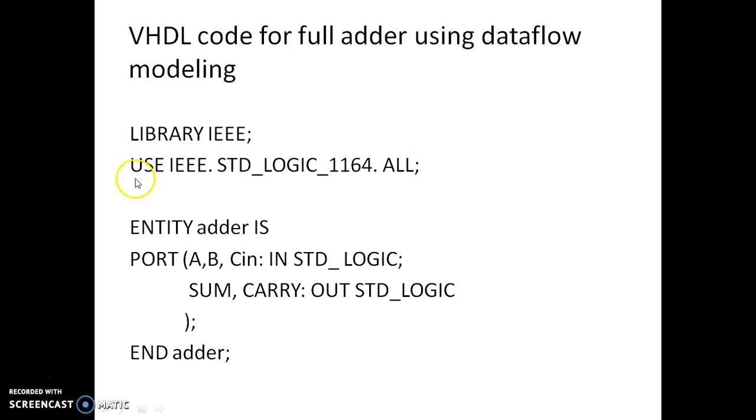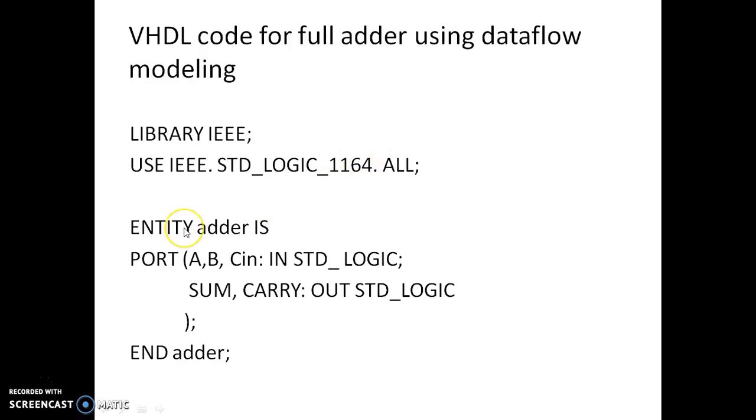It means basically we are using the IEEE library. This std_logic_1164 is a package from that library. The word logic tells you that this library is basically dedicated for logical operations. 1164 is the IEEE standard of this library.